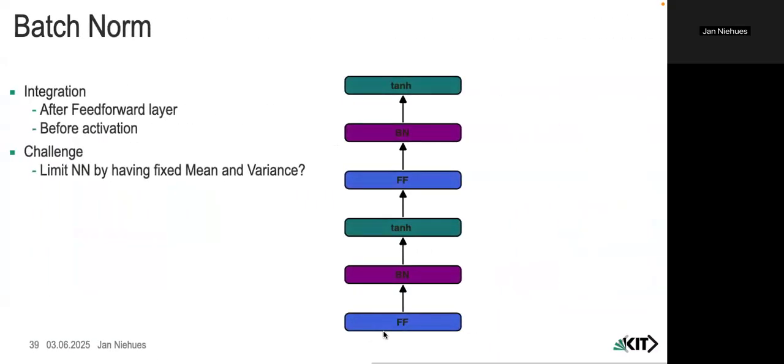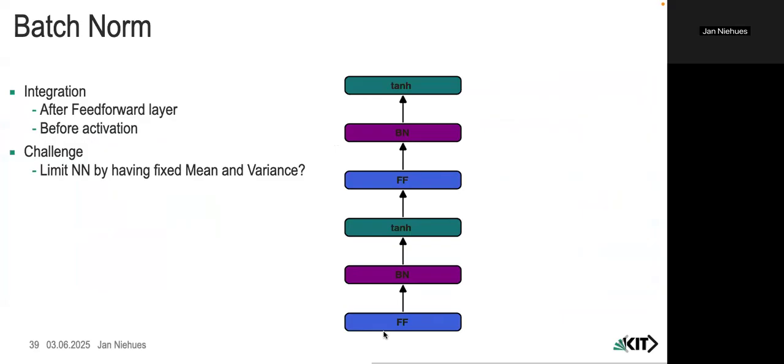Also, the other problem is that you might limit the neural network by having a fixed mean and variance. So each neuron has now a fixed mean and a fixed variance. It can't learn anything else, which limits some of the power of that. So what you do is, as I said, you put the batch norm after each fully connected layer, for example. So you have the fully connected layer, then you have your batch norm, then you have your activation, and so on. So you can integrate your batch norm layer there all the time.